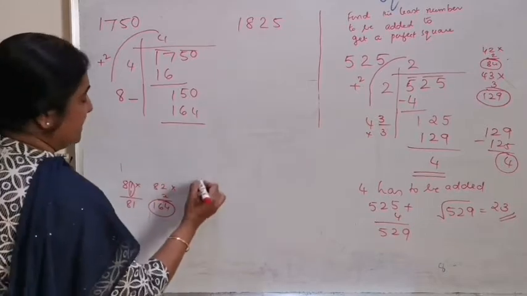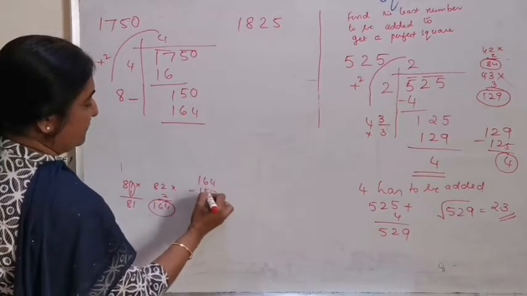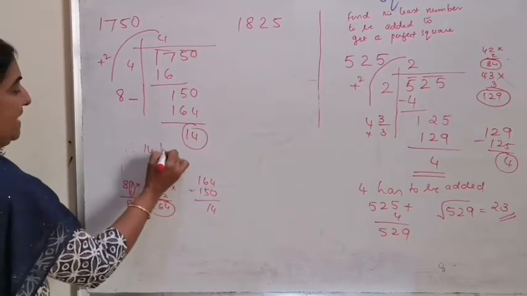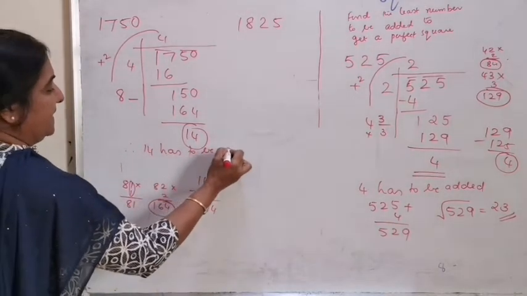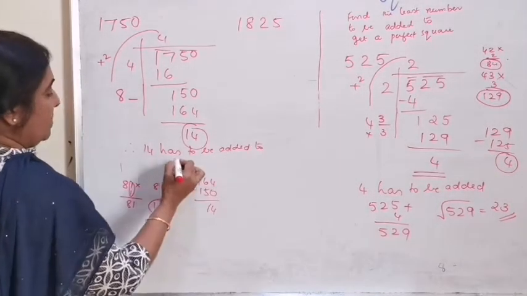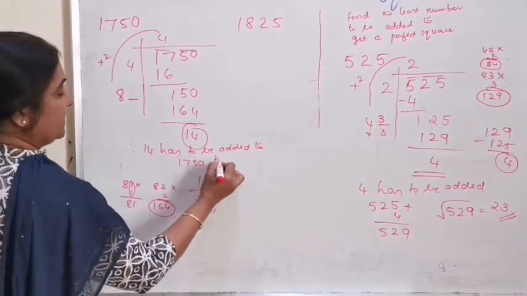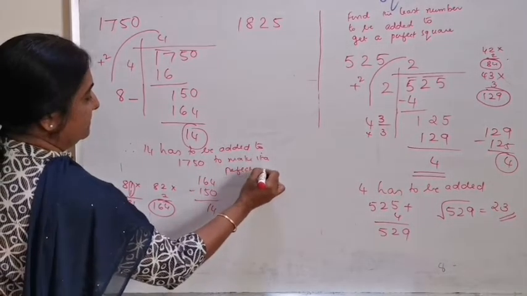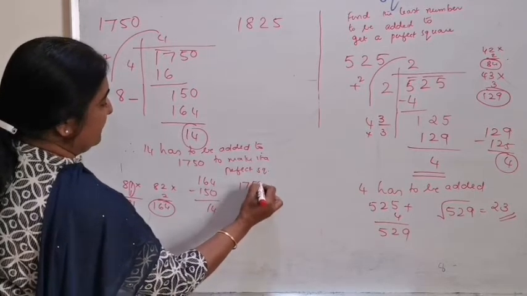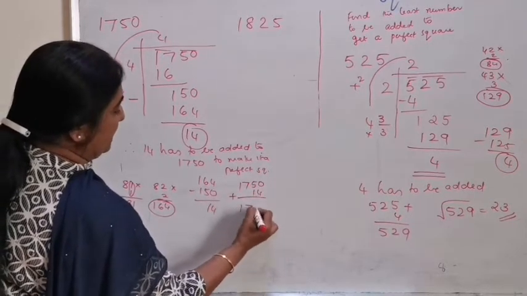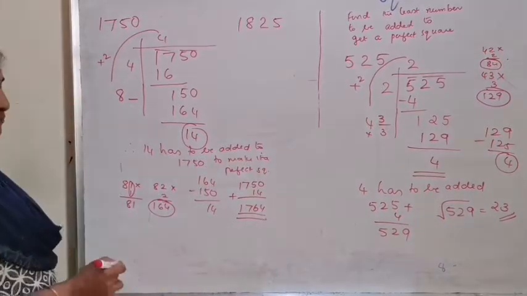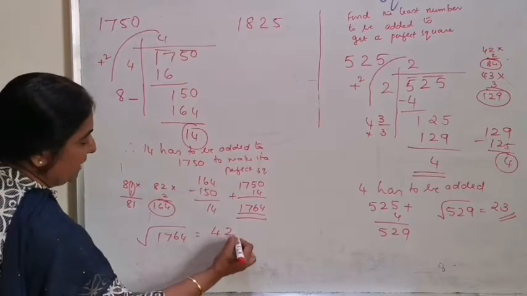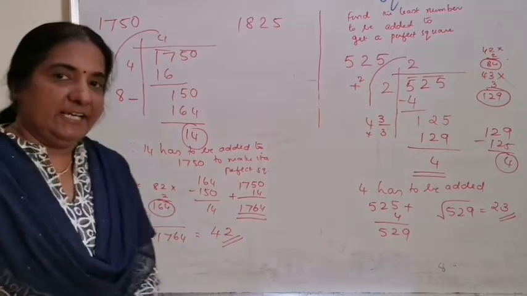And the subtraction is 164 minus 150 is 14. Therefore, 14 has to be added to 1750 to make it a perfect square. The number is 1750 plus 14, 1764. And the square root of 1764 is 42. We have worked that out earlier.